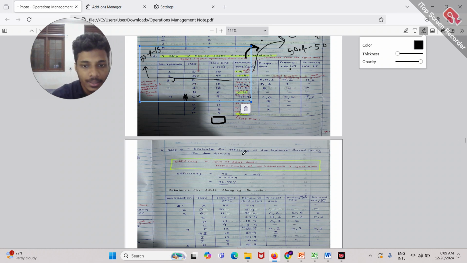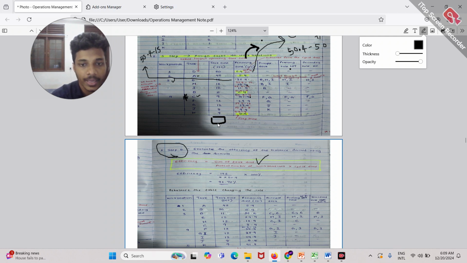Yeah, finally, in the sixth step, you have to find the efficiency, right? In here, sum of task, sum of task means this one, right? You have to calculate the total task time, 195, right? 195, I'll put here, right?